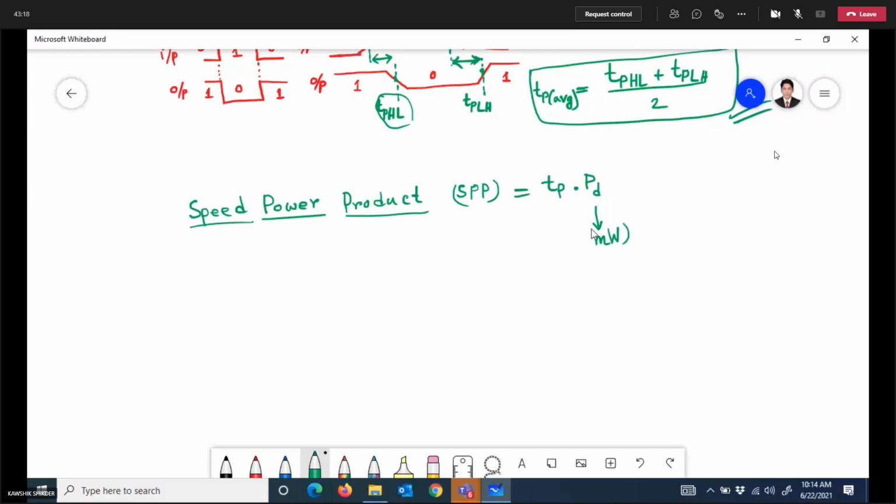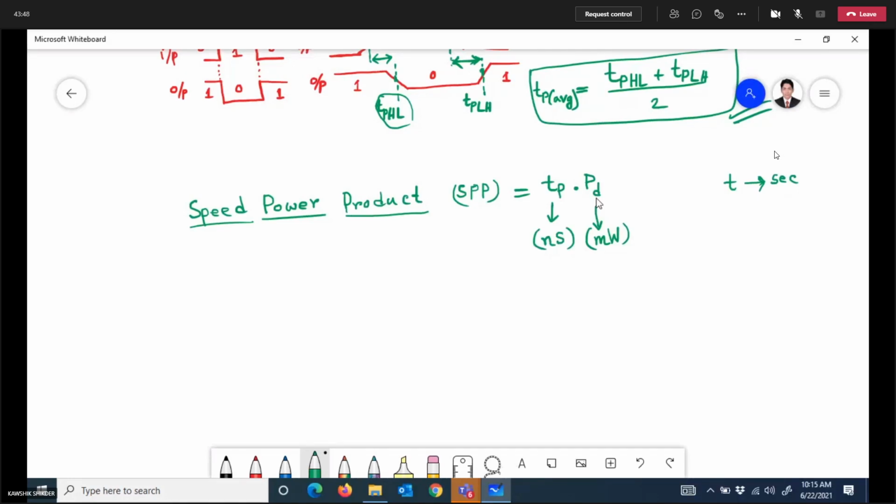Milliwatt. And what about TP? I didn't mention. Since it's a delay, it is related to time. The unit for time is second, but here TP should be nanosecond.